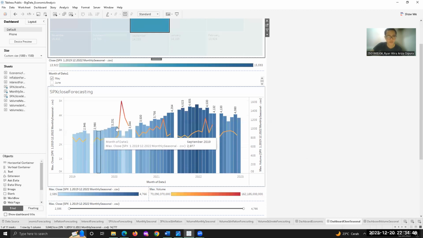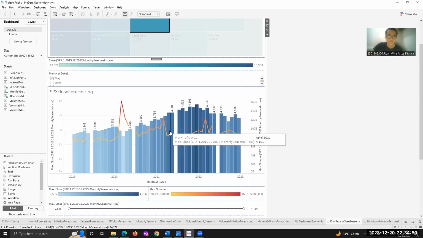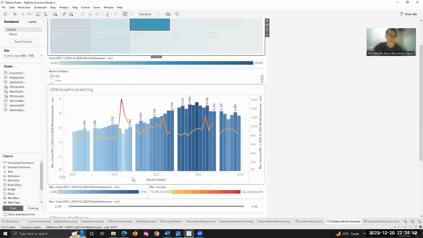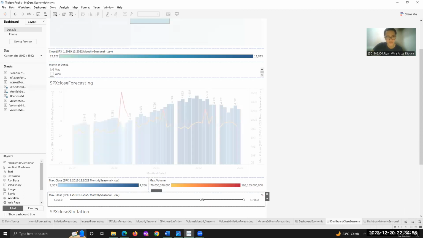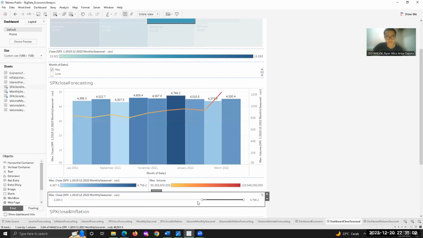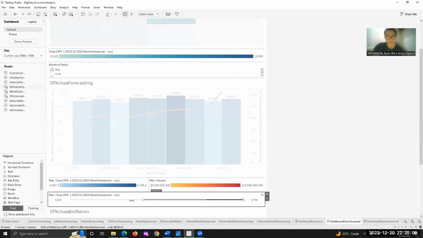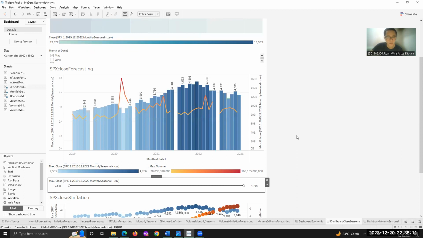When people buy here, you'll be in profit, buy here, profit, buy here, profit, etc. Okay. Also the filters. This July is included, of course, because that's the seasonal low tendency.